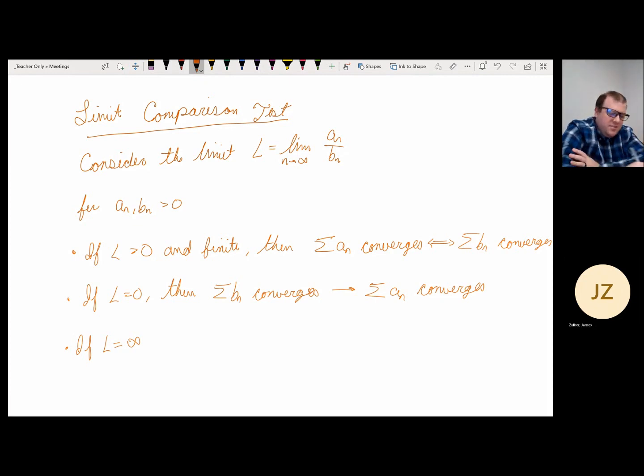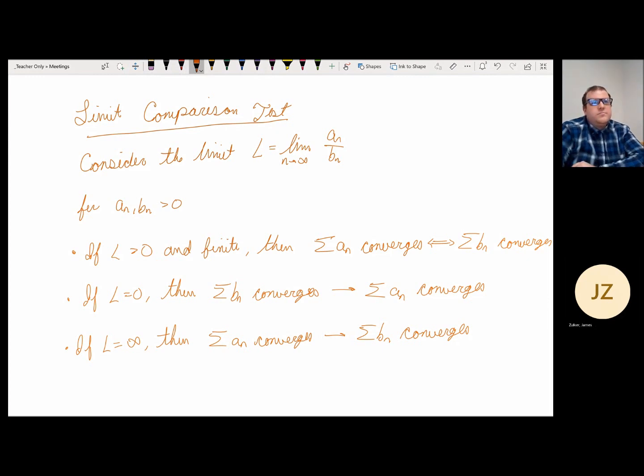If L is infinite, then if a sub n converges, then b sub n converges.